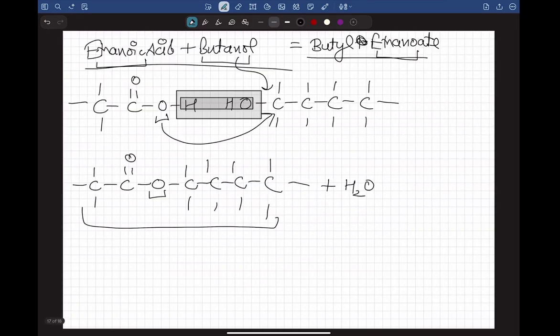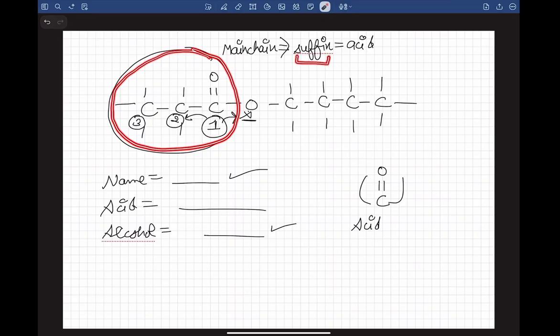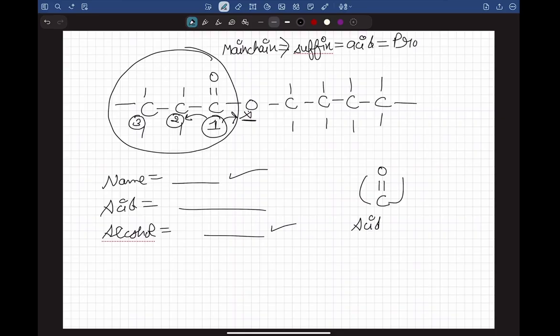So this chain here will give you the suffix, which will also tell you which acid is there. Now you just look at how many carbons are there in that. As much as I can see, there are 3 carbons only. So 3 carbons will be propanoic acid.